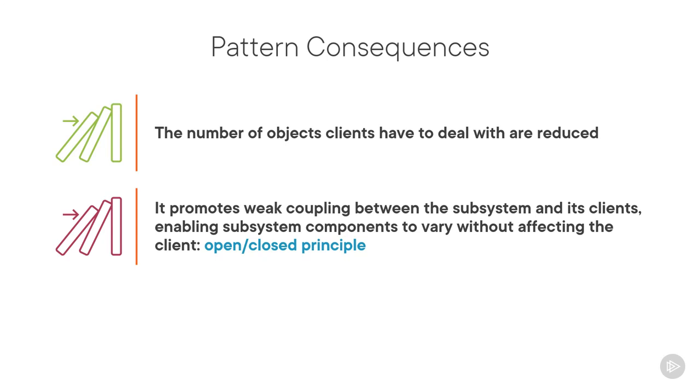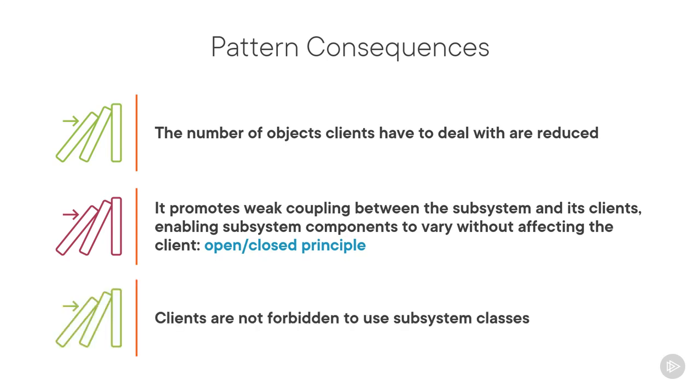Thanks to that weak coupling, the subsystem components can vary without affecting the client. That's the open-closed principle from the solid coding principles at work. And lastly, even though it shields clients from subsystems, clients are not forbidden to use the subsystem classes if they want to. Let's cover the related patterns next.